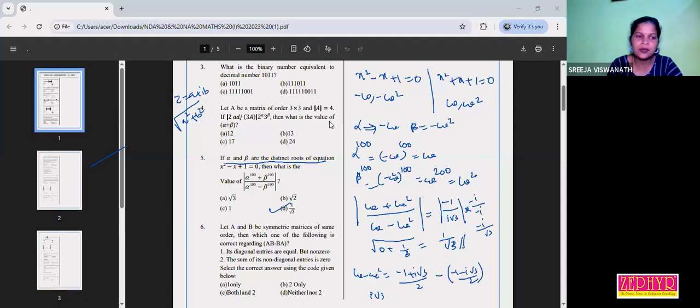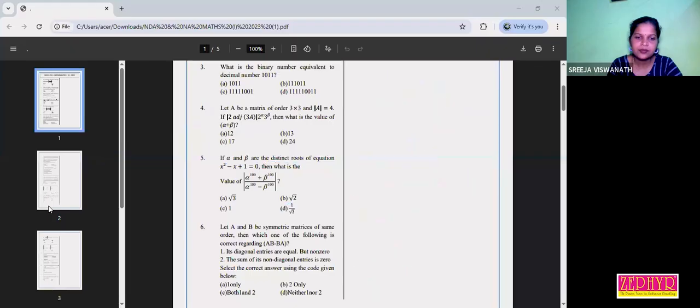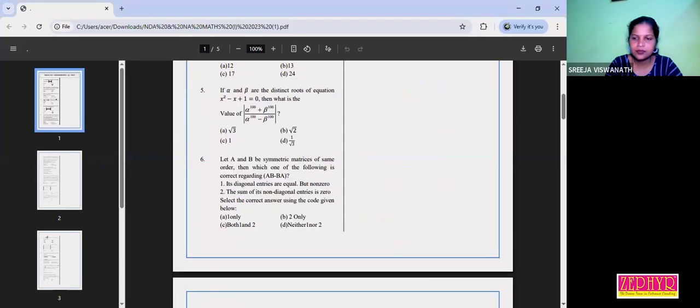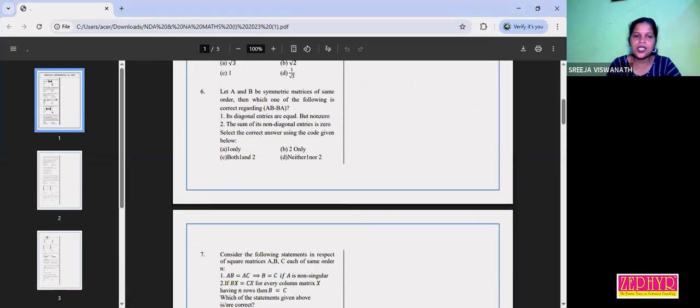Now the next question, from matrices and determinants. Read the question carefully. Let A and B be symmetric matrices of the same order. What do you mean by symmetric matrix?